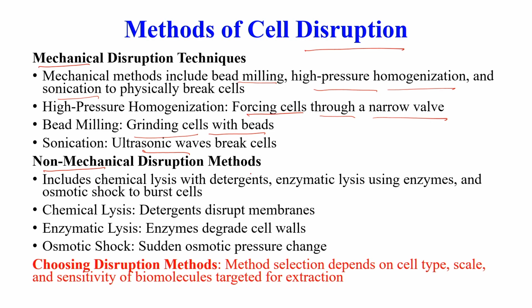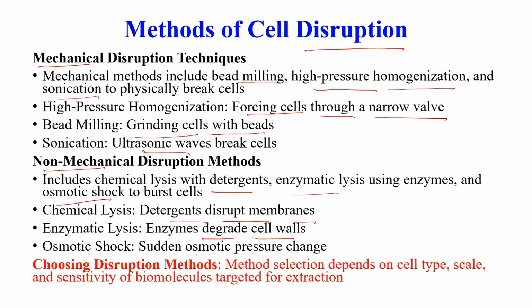In the case of non-mechanical, it includes chemical lysis using detergents or enzymes, and in addition osmotic shock to burst cells. In chemical lysis, a detergent disrupts the membrane. In enzymatic methods, enzymes degrade cell walls.